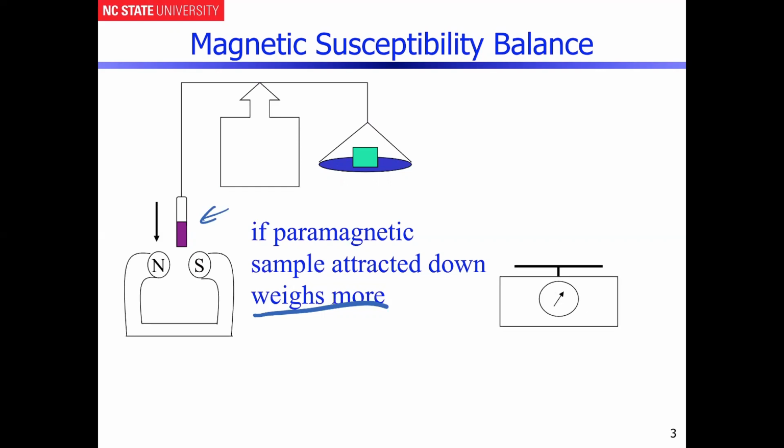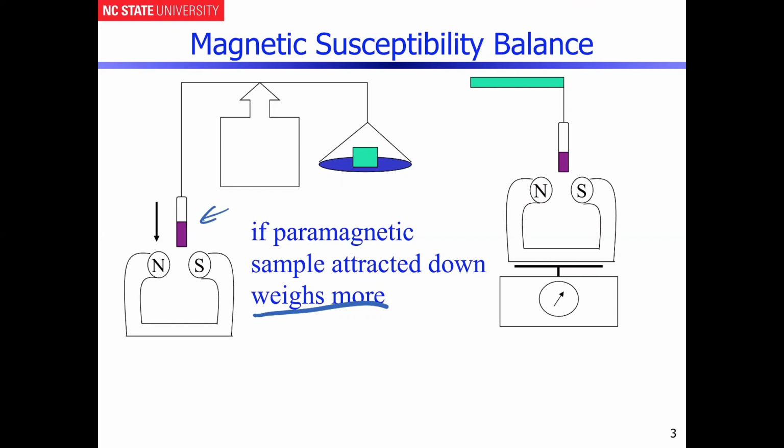And then if you do this on a top loading balance, you can do the opposite type of experiment. You actually have a magnet that's weighed, and the magnet that's weighed is then put into the presence of a paramagnetic sample that's floating above it.